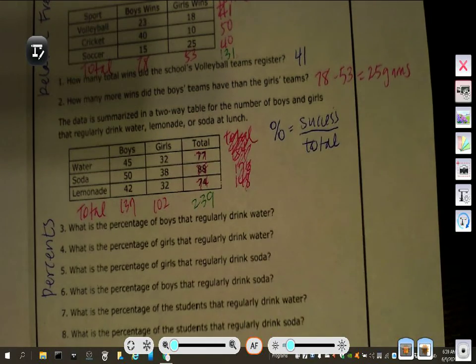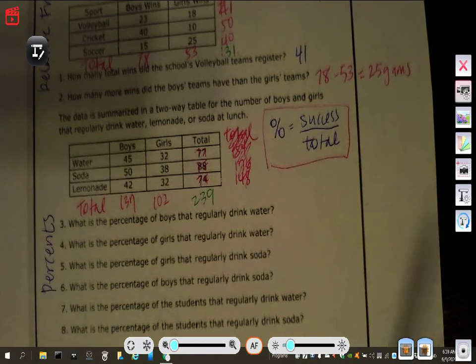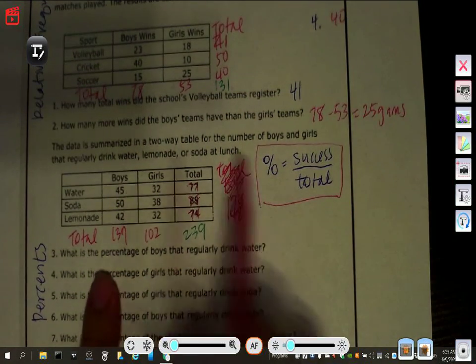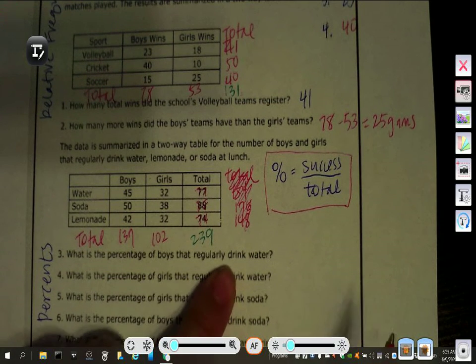Now, keeping in mind that we have to do success over total, we're basically making a fraction with the numbers given here. If it says, what is the percentage of boys that regularly drink water?